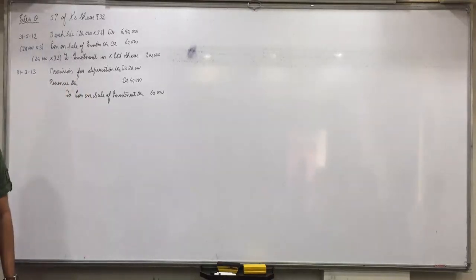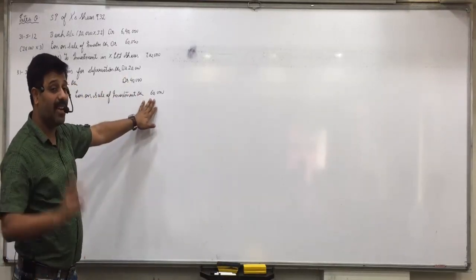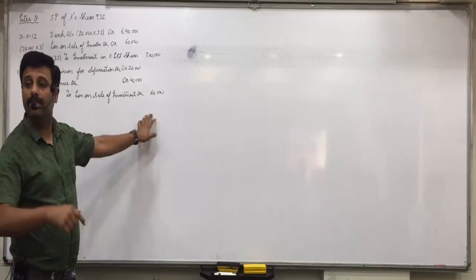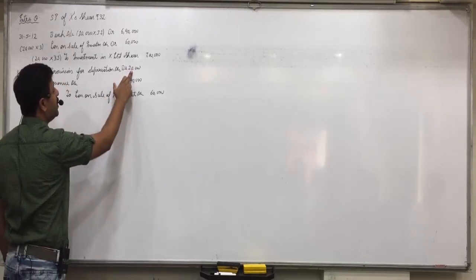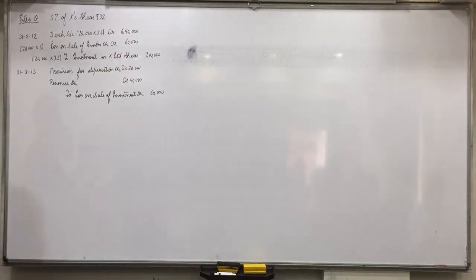Like in the previous situation, provision you reverse with 20,000, loss you reverse with 10,000. Where does the difference remain? Credit 10,000, that you transfer to revenue. In this situation, provision you reverse with 20,000, loss you reverse with 60,000. Where does the difference remain? In the debit column. So in the debit column, 40,000 transfer to revenue account.